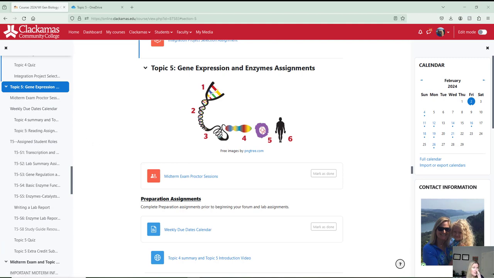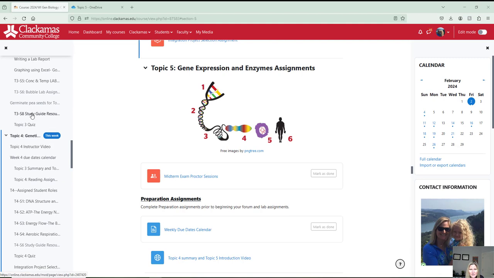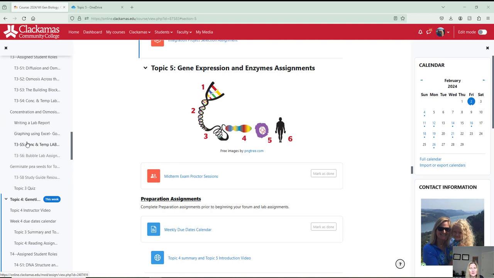Before we get into our topic 5 assignments, I do want to mention that you have a couple of outstanding assignments that are going to be due this week. So if we go way back into topic 3, remember in the last assignment of topic 3, you did the experiment with the dialysis tubing, and basically you filled the tubes with different concentrations of sucrose to determine the rate of osmosis to see if there is an effect.